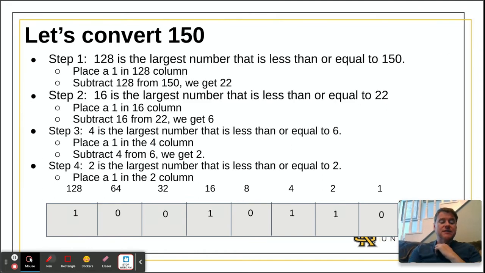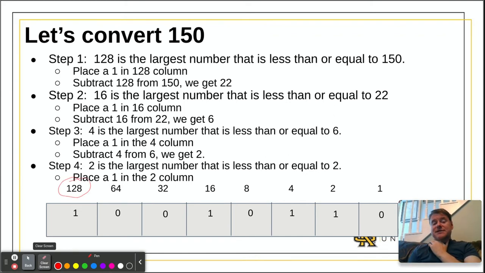Okay, so in this case, the largest number that is less than 150 is 128. So we have 150 minus 128, and that's going to leave us with 22. The largest number that is less than or equal to 22 is going to be 16. So we're going to subtract 16 from there, and that's going to leave us with 6.